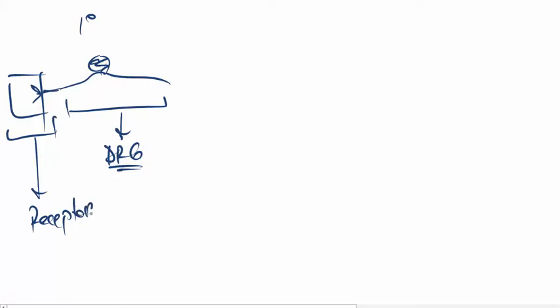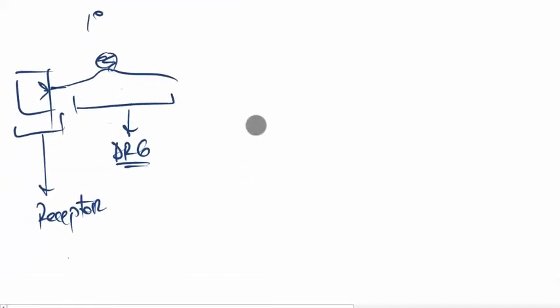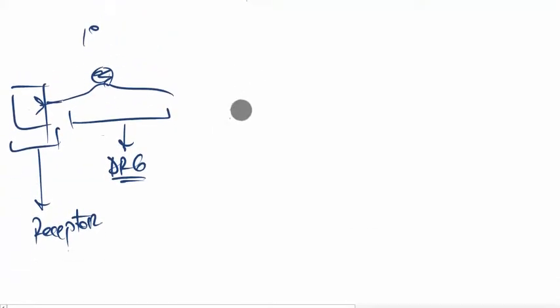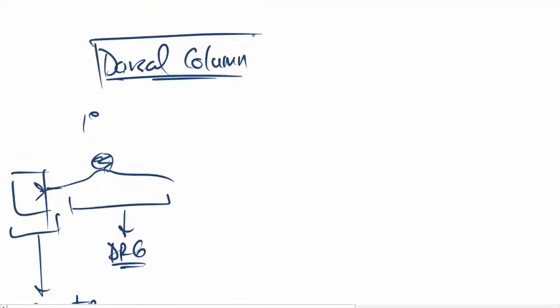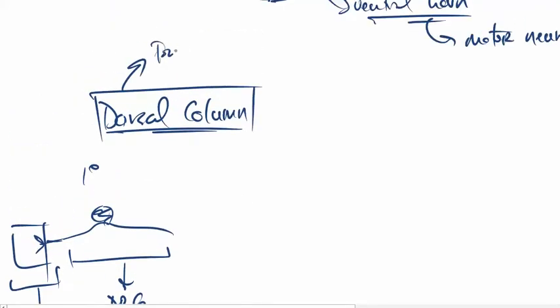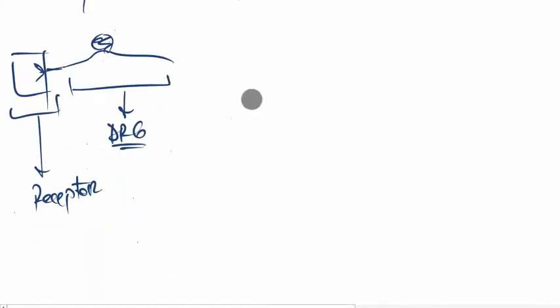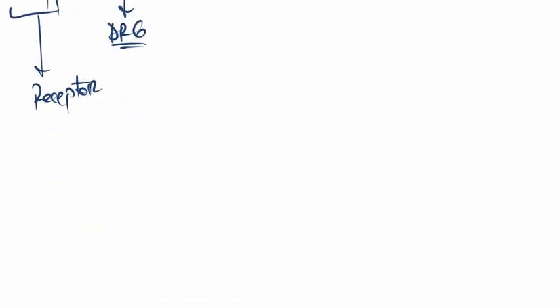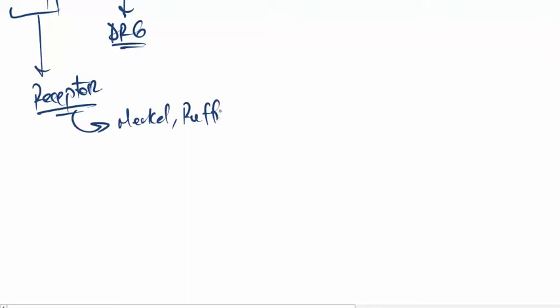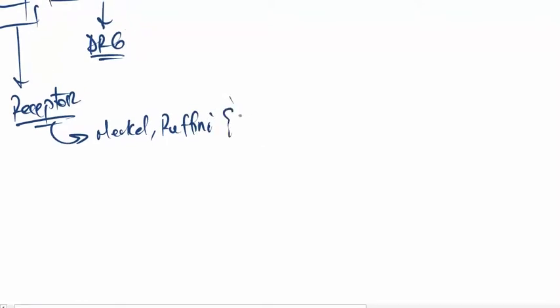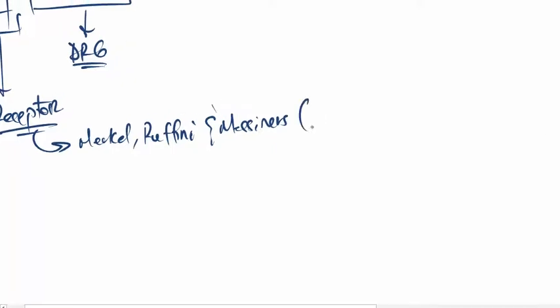You guys remind me, what is the dorsal column helping us to detect? Okay, so touch, proprioception, and pressure. Specifically, the receptors would be your Merkel, Ruffini, and Meissner's, which are for touch.